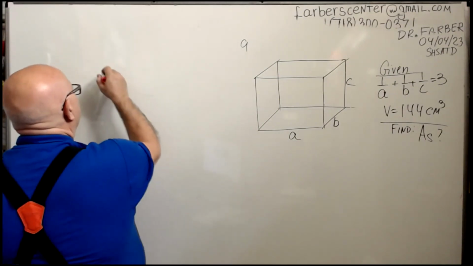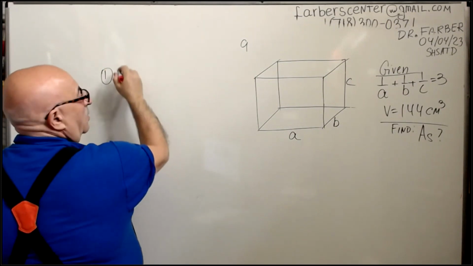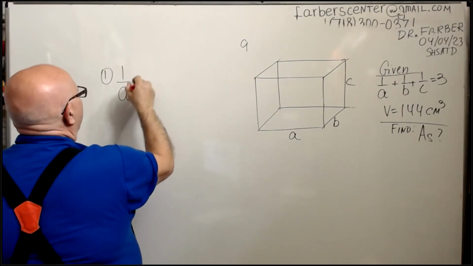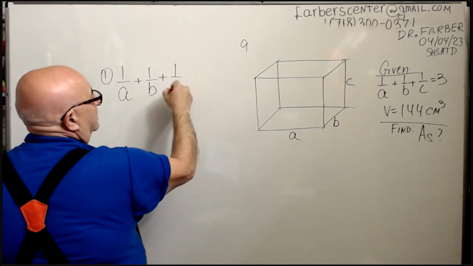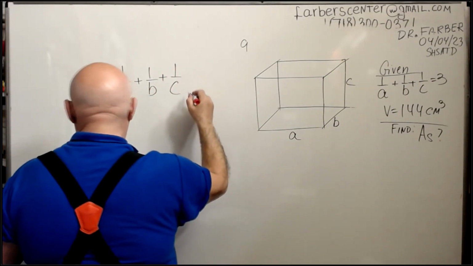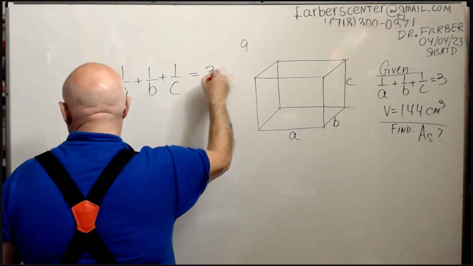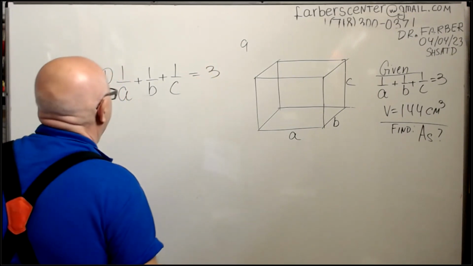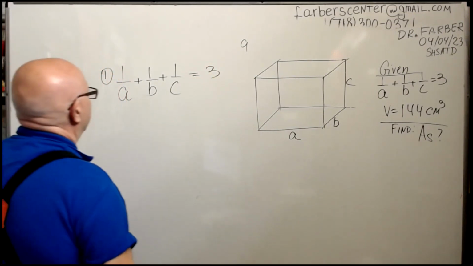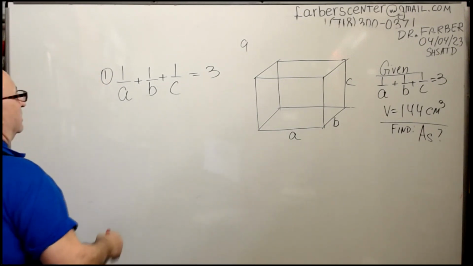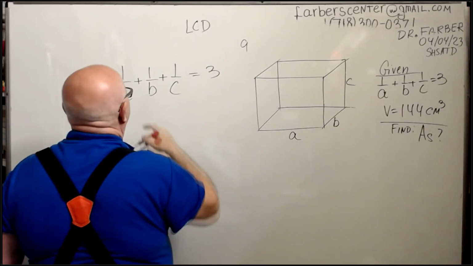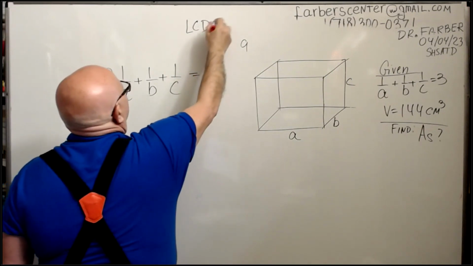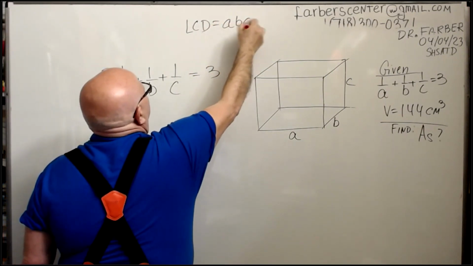I use this space. 1 over A plus 1 over B plus 1 over C. They said it's equal to 3. How to add fractions? Fourth grade. LCD, least common denominator, ABC. Remember how we added fractions?